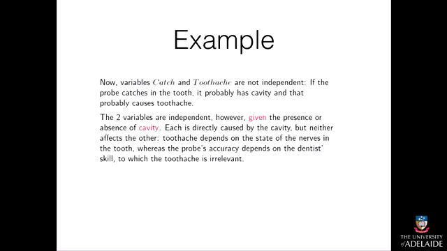So now, let's consider three random variables. The first one is catch, and the second one is toothache. They are not independent. Why are they not independent?